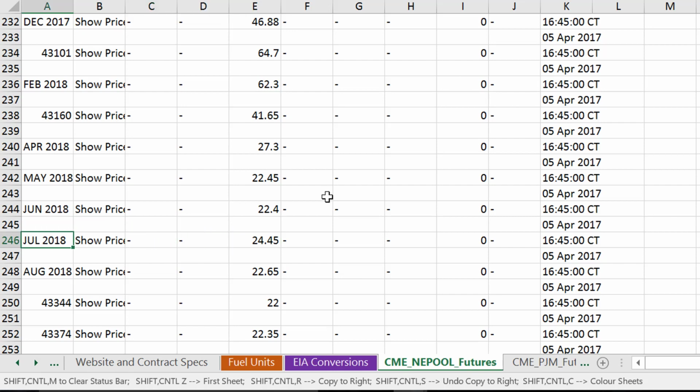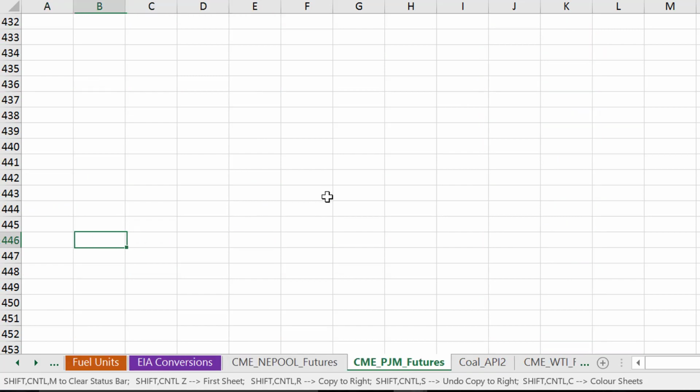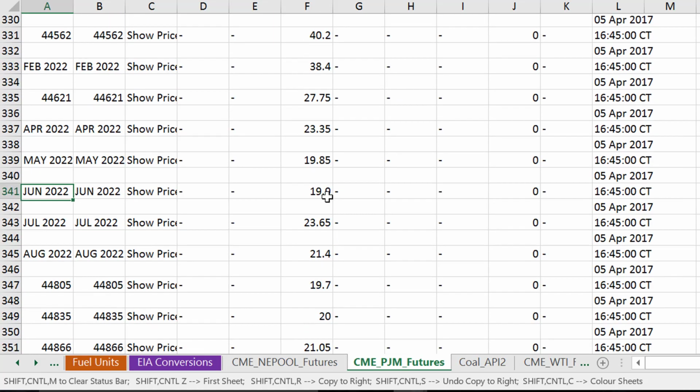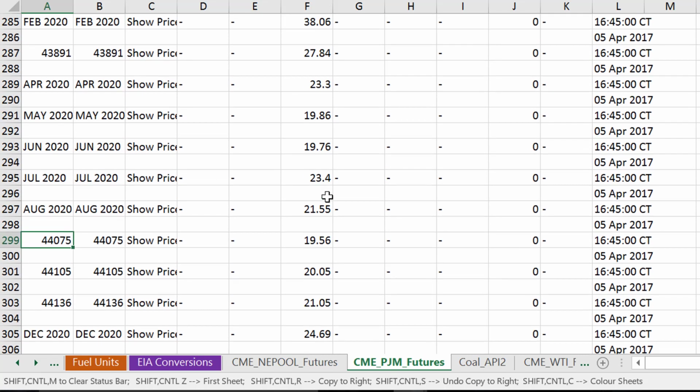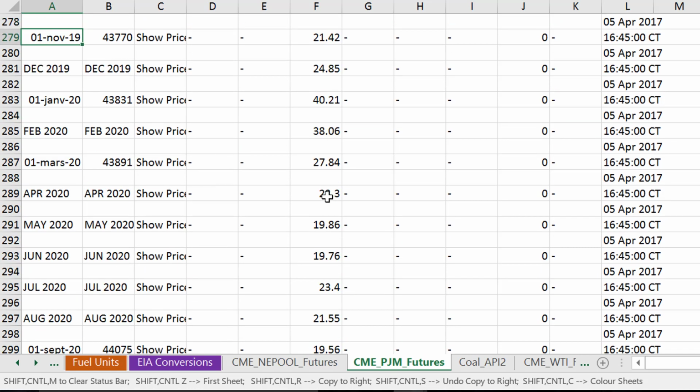But look, it says July, JUL 2008. Then we can go to the PJM futures, and some of these have real dates. Sometimes they're dates, and sometimes they're other things. How in the heck do they do this? I don't understand this.